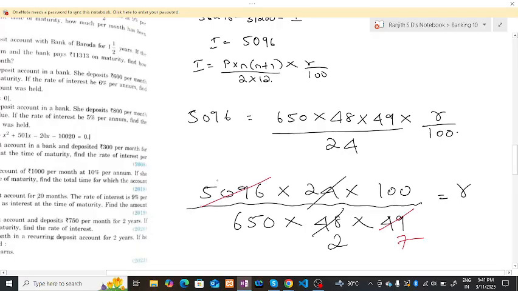Use the 7 times table here. 5096: 7 sevens are 49, 7 twos are 14, 7 eights are 56. 728. And again use this 7. Use the 7 times table and reduce 728. You'll get 104.